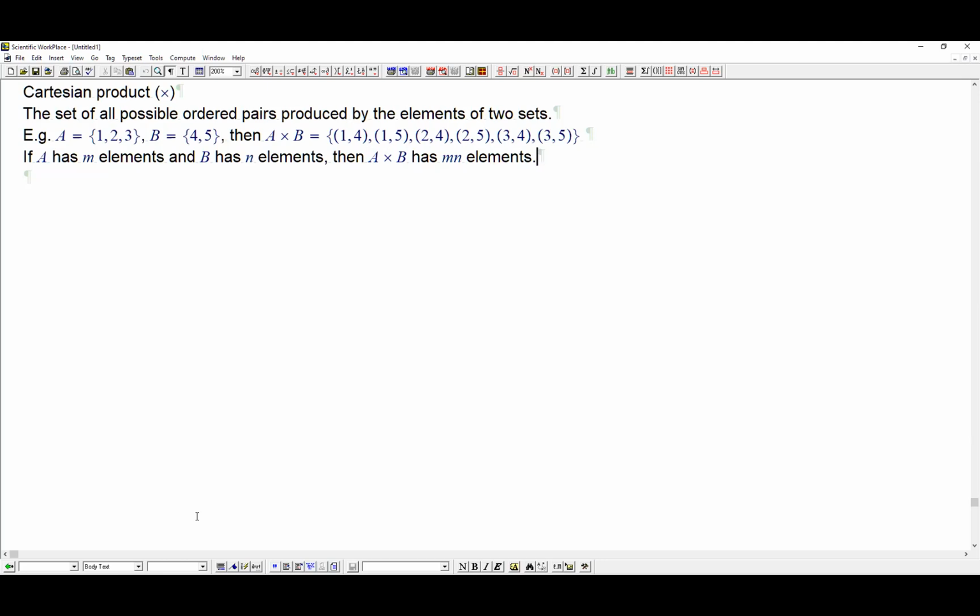So what is that good for? Well, you're going to see that it's very good to define large sets of numbers.